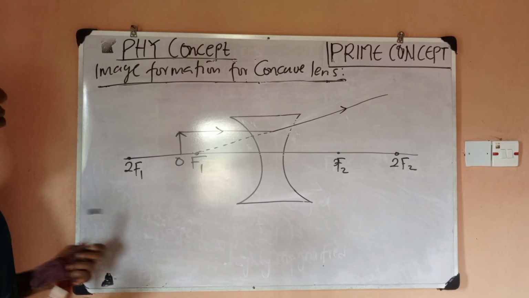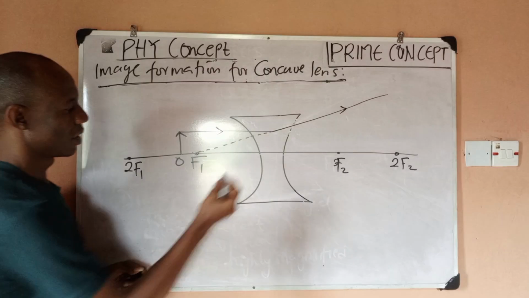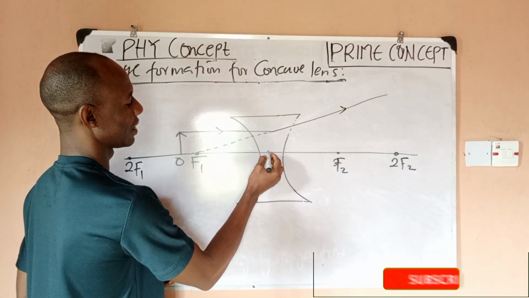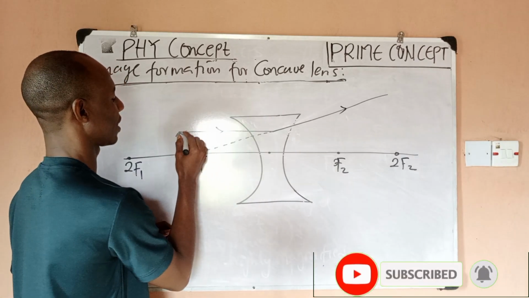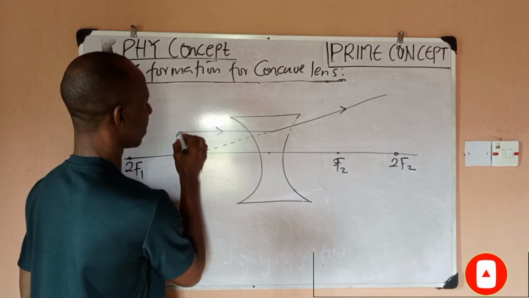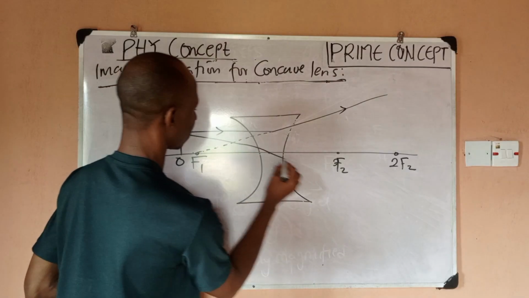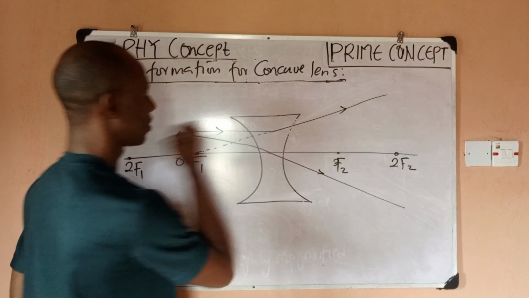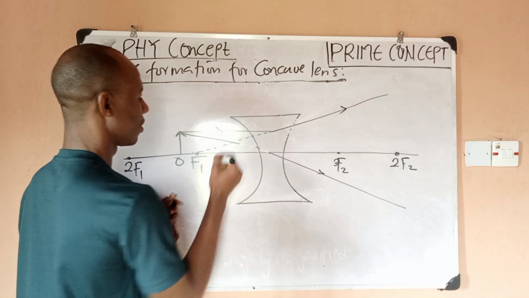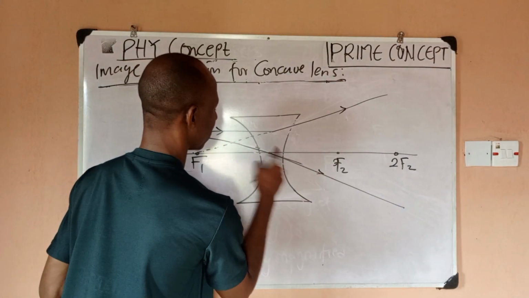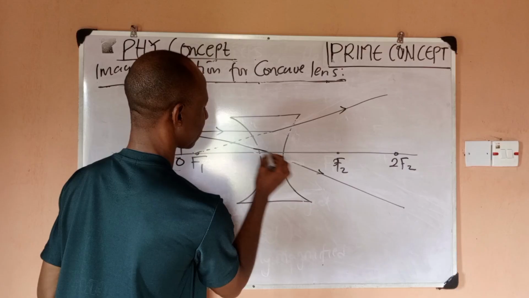Yes. Now, if you consider another rule, say you are passing through the center of your lens. Remember, it will go through unrefracted or undeviated. So you have this, though not very straight, but we can manage this. So we have this, it will go straight, unrefracted, undeviated, right?